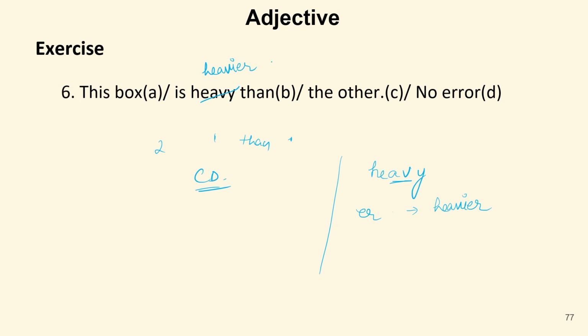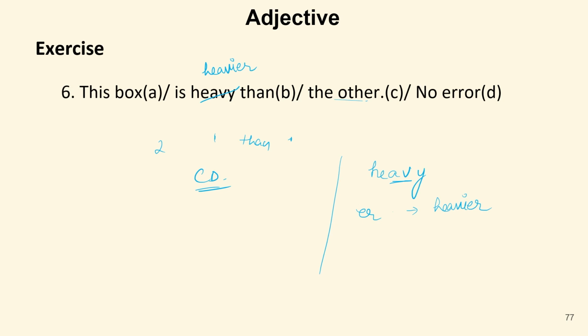Y should be replaced with IER, then the other. So here the comparative degree is required, not the positive degree of the adjective. The positive degree can be used like this: this box is as heavy as the other one, because both boxes are heavy to the same extent. But in this case, we need a comparative degree only.